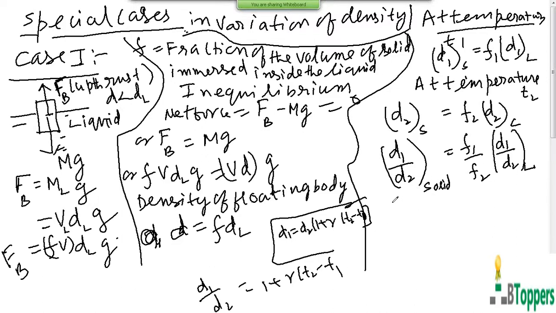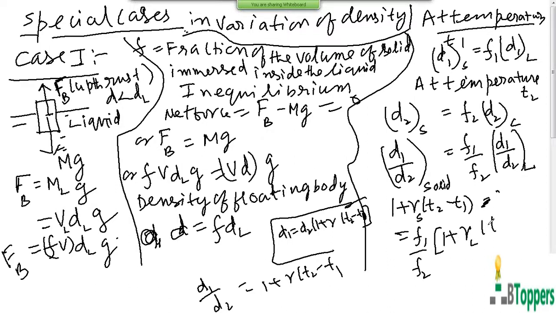So d1 by d2 for the solid, you can write as 1 plus gamma for solid into T2 minus T1. That is equal to F1 by F2 into d1 by d2 for the liquid, which you can write as 1 plus gamma for liquid into T2 minus T1.